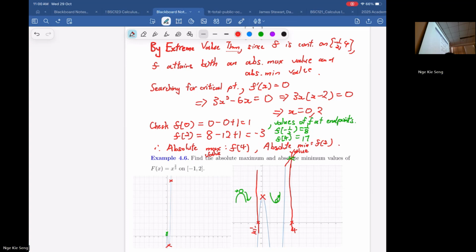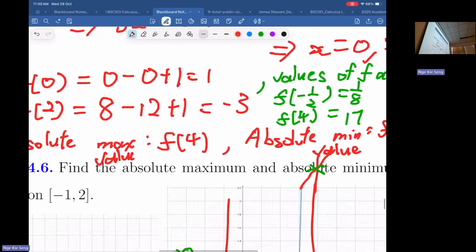Let me see. So far I think we just defined for values. We just care about values, because like what I said just now, this absolute maximum value could happen at various points. So we just want to see the greatest value that this function achieves.